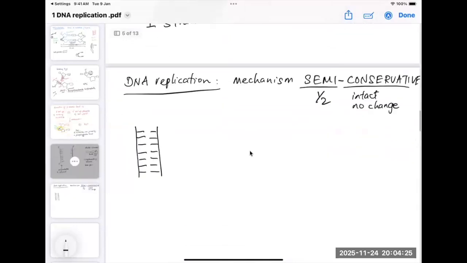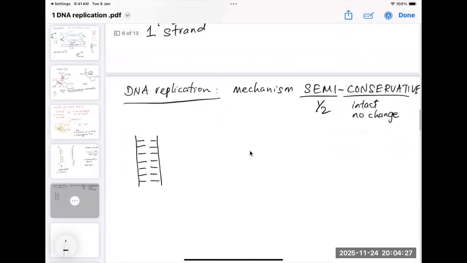Now I'm supposed to show semi-conservative replication. This is usually 2 marks or 3 marks. So how to write DNA replication in 2 marks or 3 marks? Your whole notes on DNA replication are probably 6 to 10 pages. Now they ask you to explain semi-conservative replication in 2 or 3 marks.